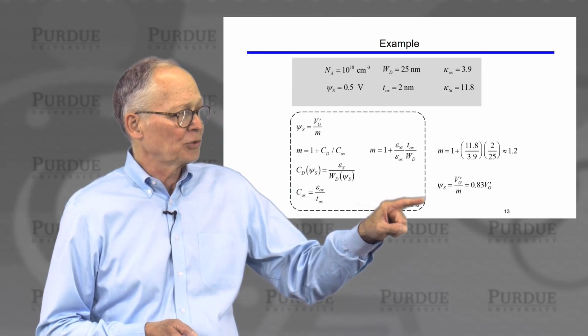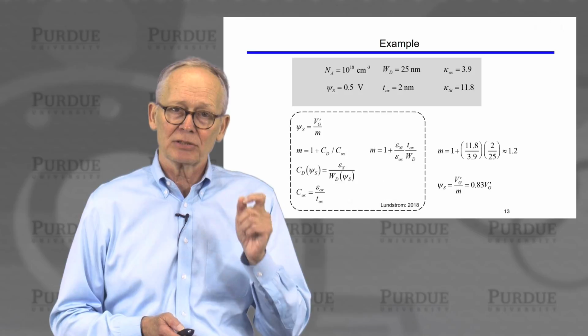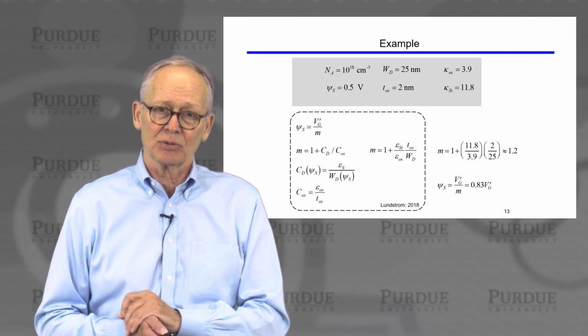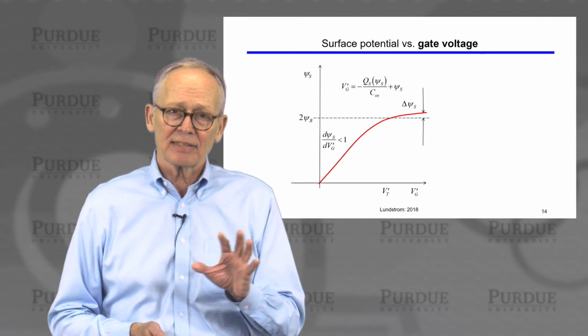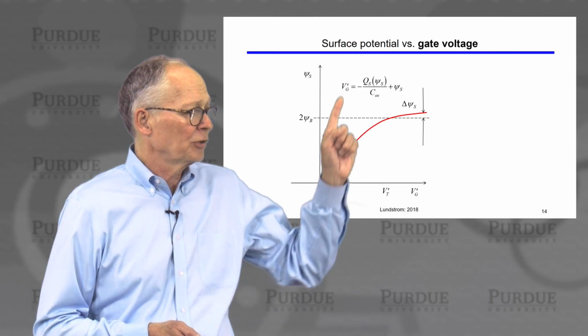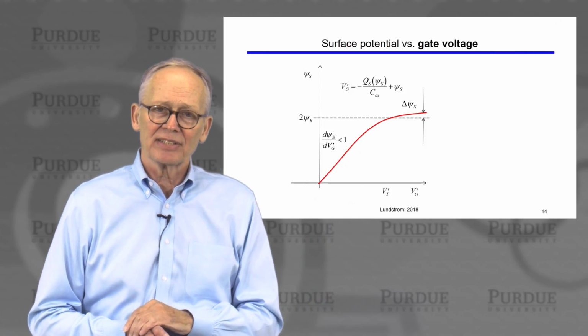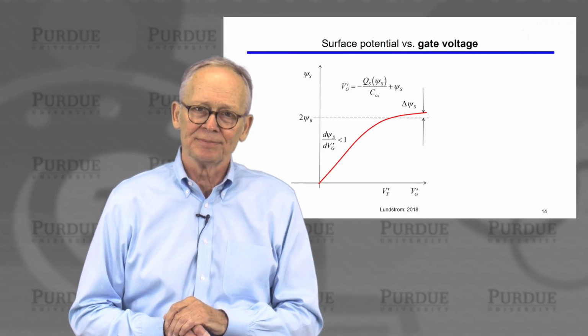So our relation between surface potential and gate voltage then is that the surface potential is 0.83 times the gate voltage. All right, so this allows us to explain something I mentioned earlier. If we plot surface potential versus gate voltage, in this depletion region, I said that the slope wasn't quite 1.